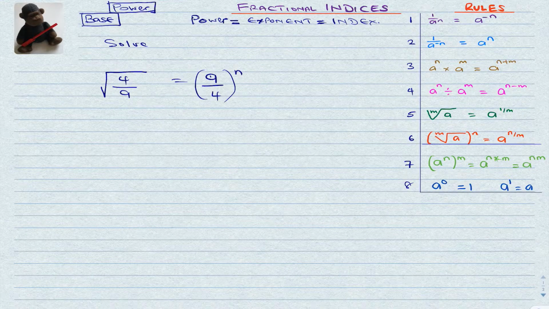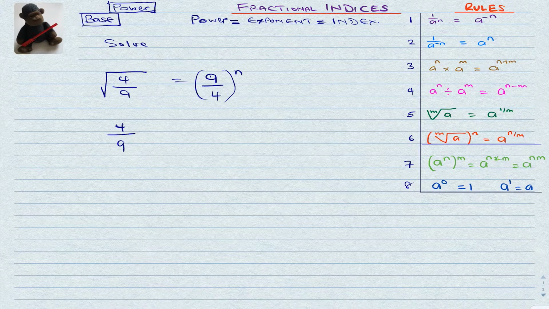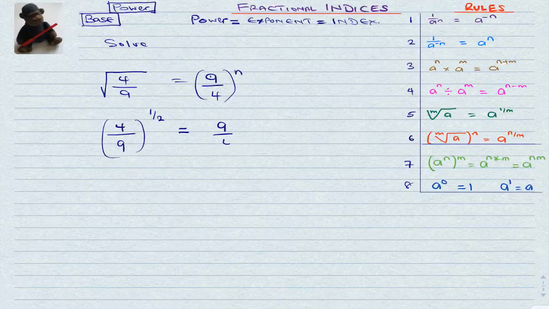Here's another straightforward question. This question is saying that the root of 4 over 9 is equal to 9 over 4 to the power of n. It's asking us to find n. Well, in this case, the best thing to do is not to solve the root, but put it back in fraction. So it's going to be 4 over 9 to the power of a half, equal to 9 over 4 to the power of n.